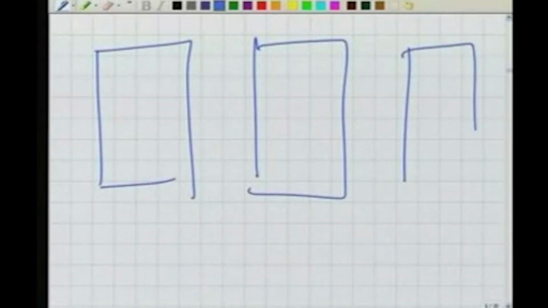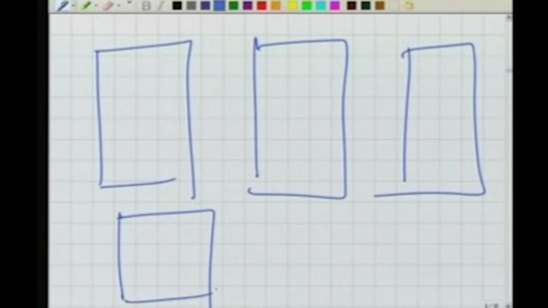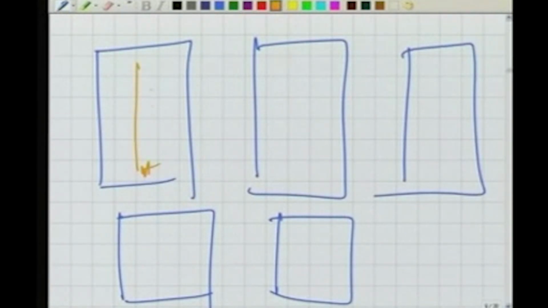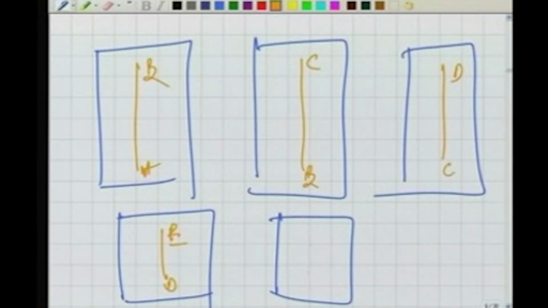We will have several pages of the field book. Let us say these are the pages of the field book, and over here is line AB, over here is the line BC, CD, DE, EF and so on.